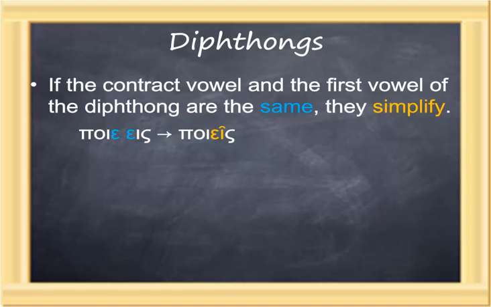There's one other situation with which we must deal, and that's when a contract vowel meets up with a diphthong. If the contract vowel and the first vowel of the diphthong are the same, then they simplify. So poiet plus ace just simplifies to poies.